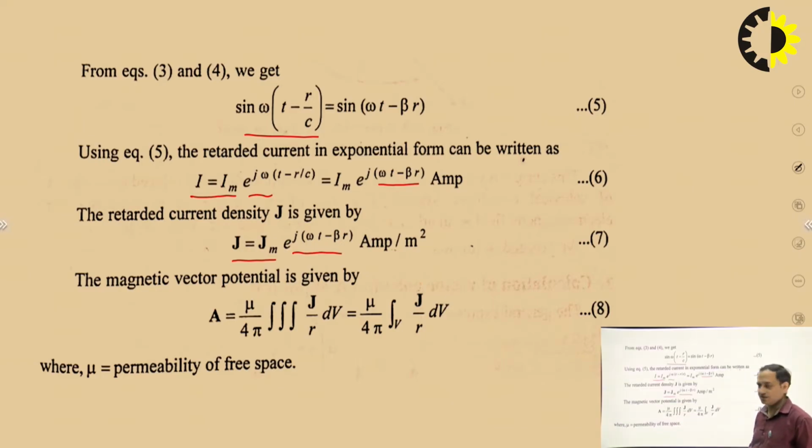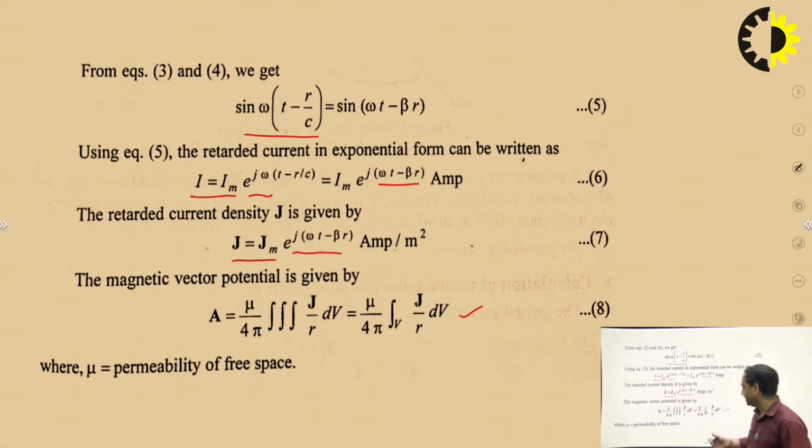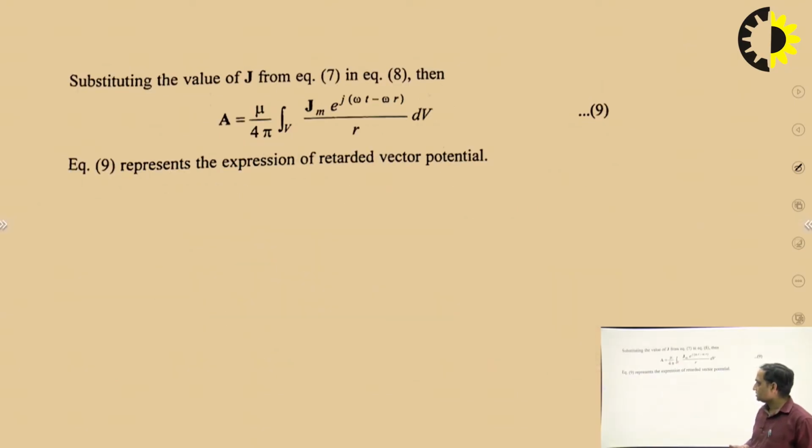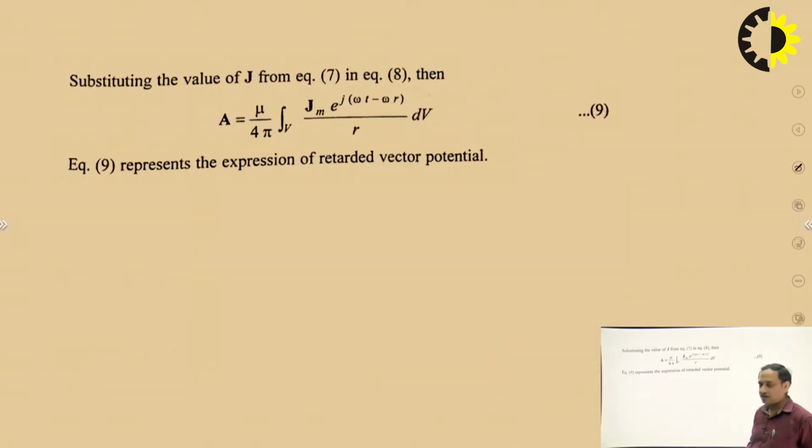This equation we come to know from electromagnetic field theory, where the magnetic field comes into the picture and we want to calculate the magnetic vector potential A. Now, when we substitute the value of J, the magnetic vector potential in terms of current density becomes mu upon 4 pi volume integral of Jm e to the power j omega t minus beta r, divided by r.